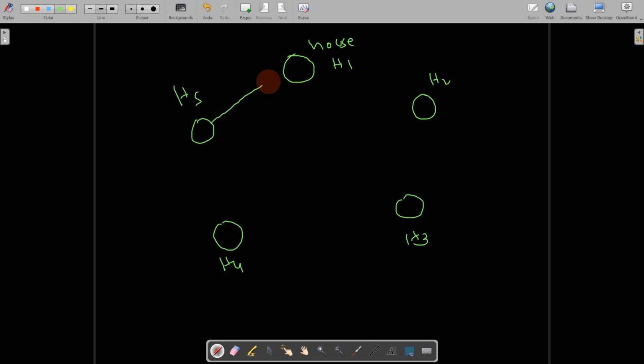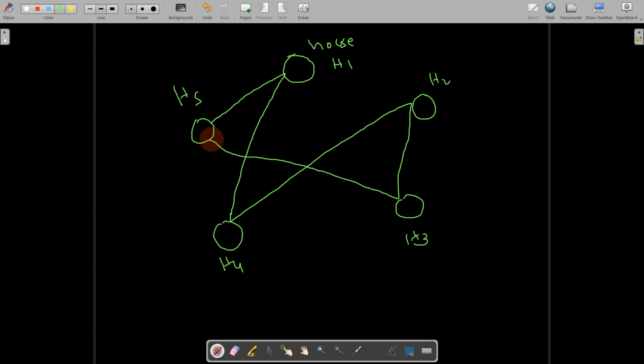Okay, so there is a road like this maybe. We will make all of them connected. These are the roads between the houses.